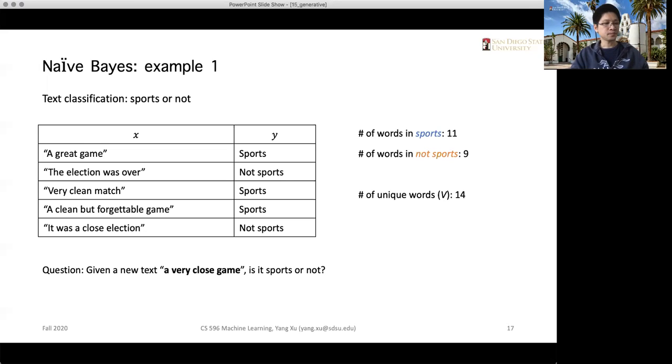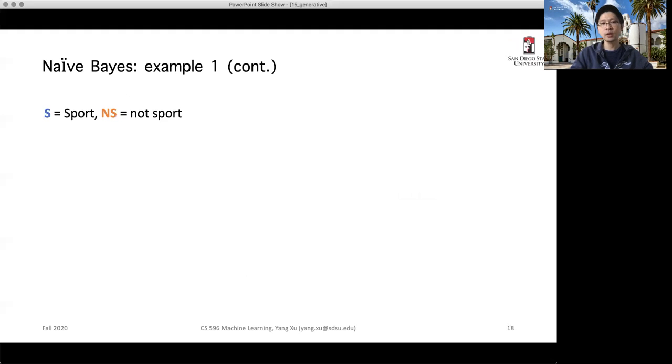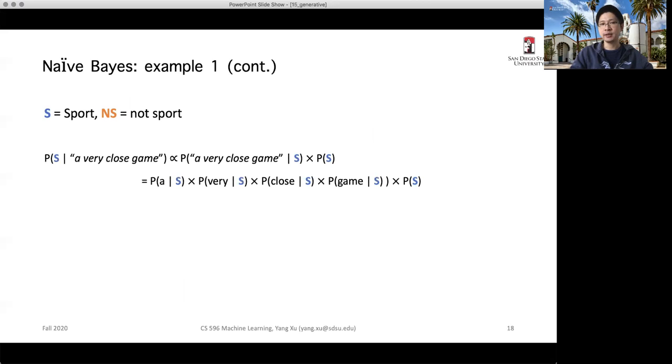The question is, given a new text, for example, "a very close game", we need to make a judgment of whether it is sports or not. All right, so let's do the analysis. We have 2 labels, S and NS.